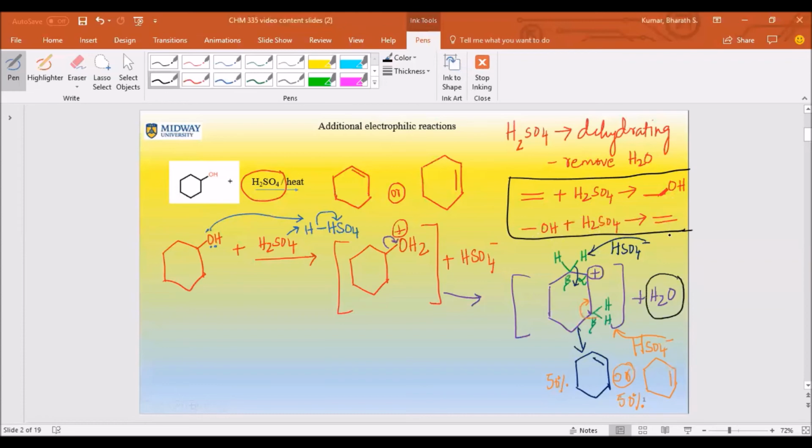So that's how we get the double bond out of the molecule. I'm going to stop this video here and bring the second. Now there is no need for a hydride shift here, because you can't really do it. That's just the way it is. But I'm going to show you another compound where we can have a multitude of products, and I'll show you how that works. All right, so stay tuned.